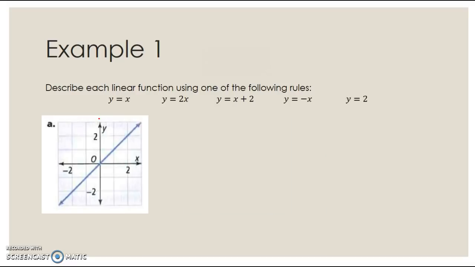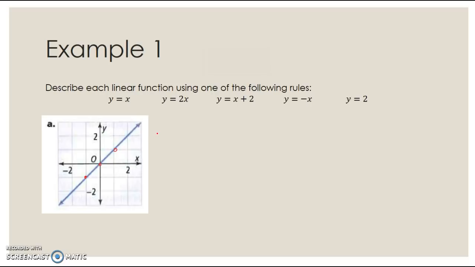We're going to start with our first one, graph A. We can do this in a myriad of ways. I can choose points and check to see if those points satisfy each of these equations. Like we could choose the points (1, -1), (0, 0), and (1, 1), plug them in and see if they fit in each of those equations, and then pick the one that works.